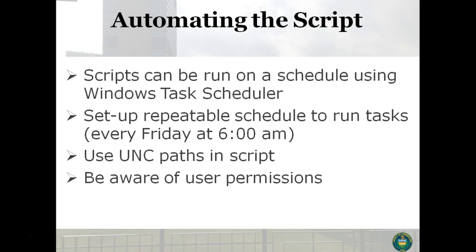But when I run it as a special user my IT department created to run these scripts, I get an error message that it's not able to access it. So I'm going to have to work with my IT department to get permission for that user. So fair warning, sometimes it can be a pain to get the scheduled tasks to work the right way, but I think it's worth the effort because it does make life easier.